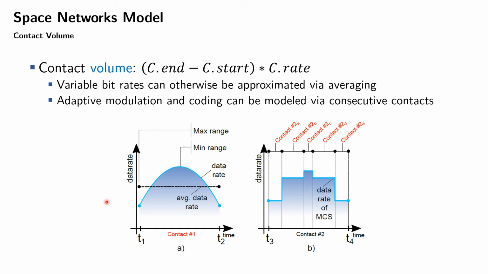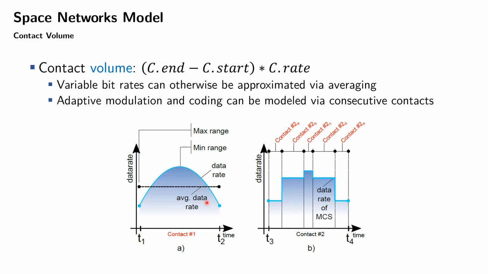Regarding the data rate, we mentioned that contacts have a constant rate variable that basically indicates how much volume of data is going to be able to be transmitted during that period of time. And these constant rates can even model variable rates throughout the contacts if you want.